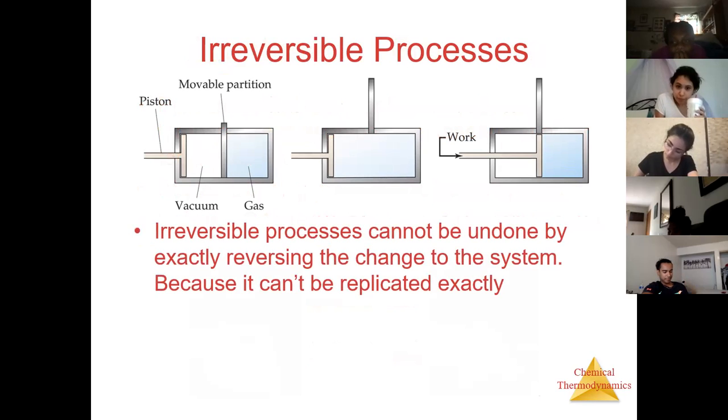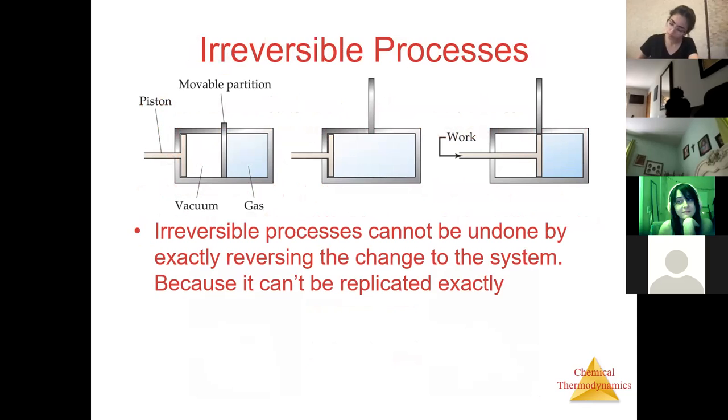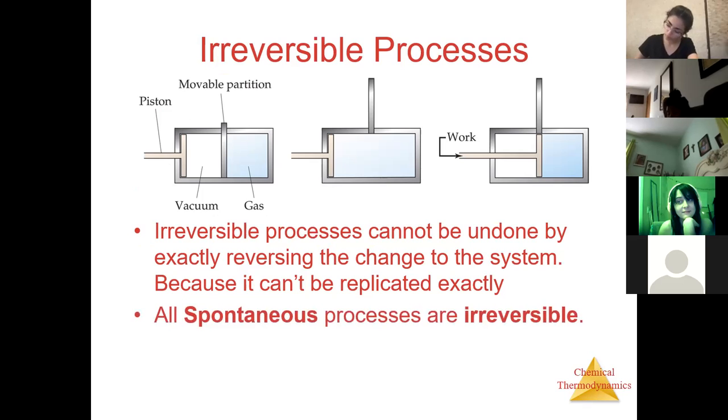You can't do an irreversible process by exactly reversing the change to a system because it can't be replicated exactly. So all spontaneous processes are irreversible.